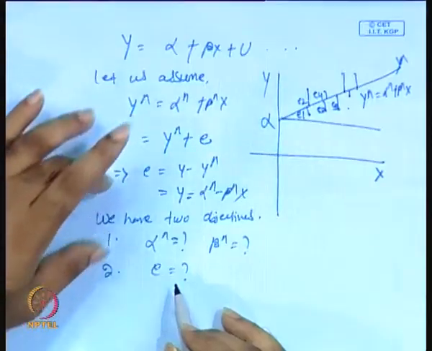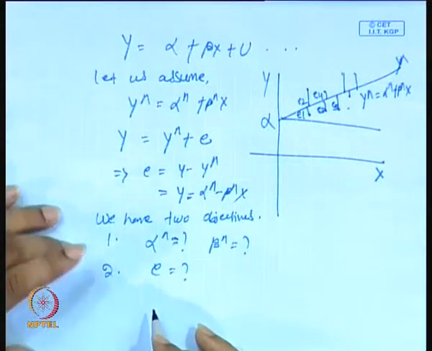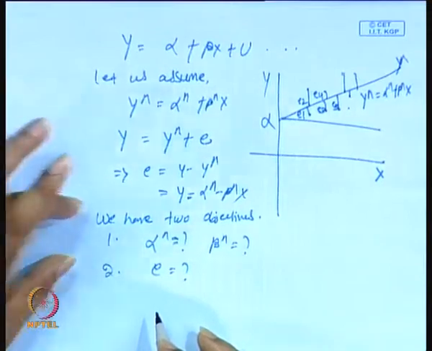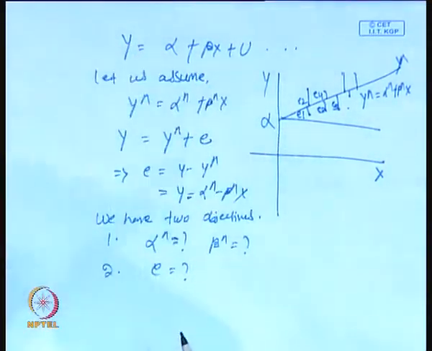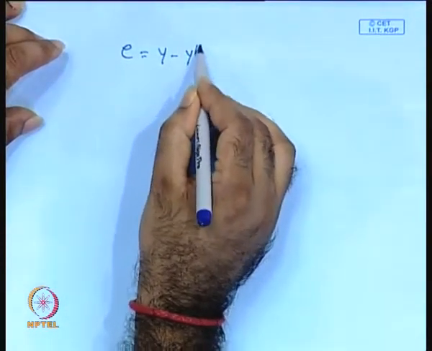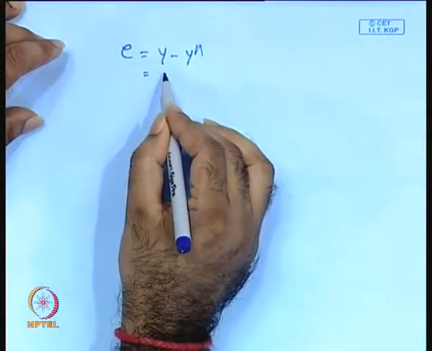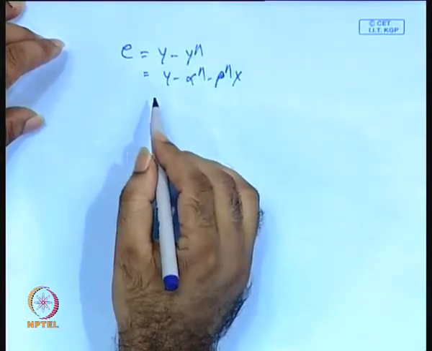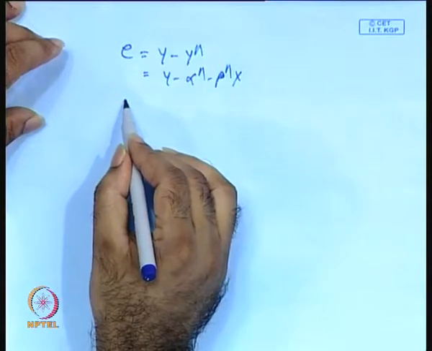So, now the entire structure is E equals y minus alpha hat minus beta hat x, and our objective is to get alpha hat and beta hat, and with the help of alpha hat and beta hat we have to observe the E components. Let us see how. So, E equals y minus y hat, which is y minus alpha hat minus beta hat x.